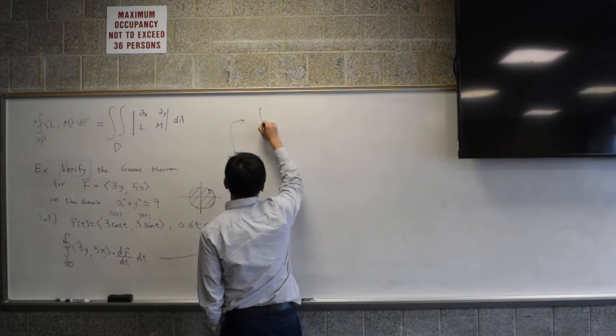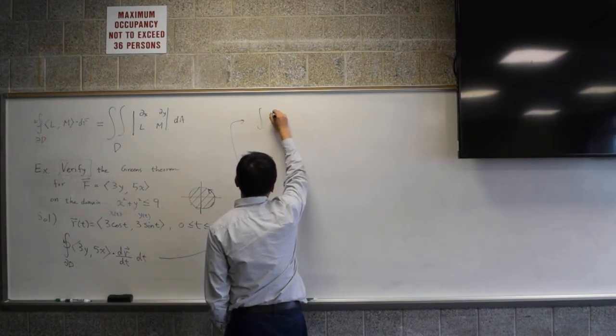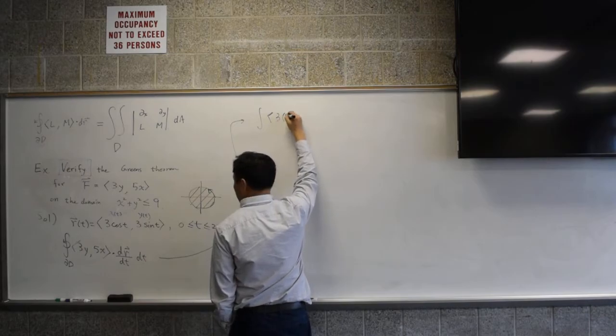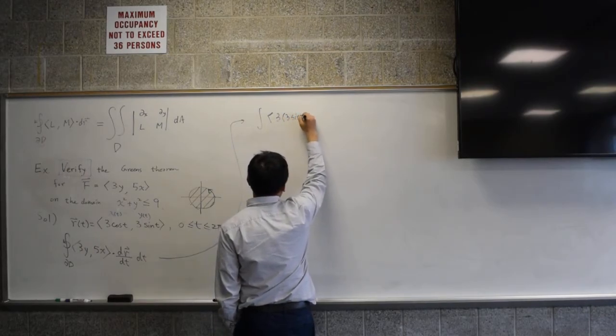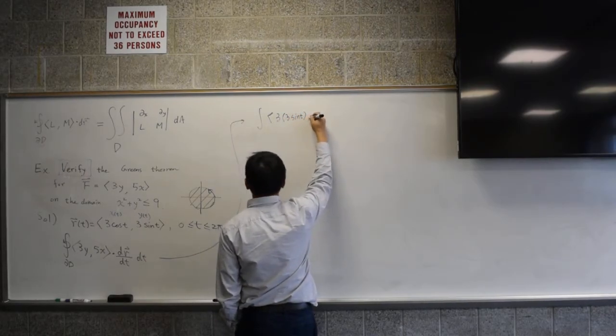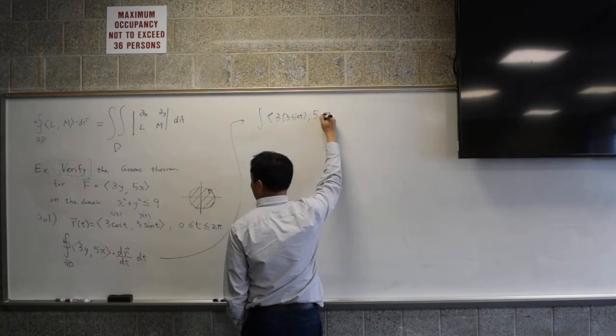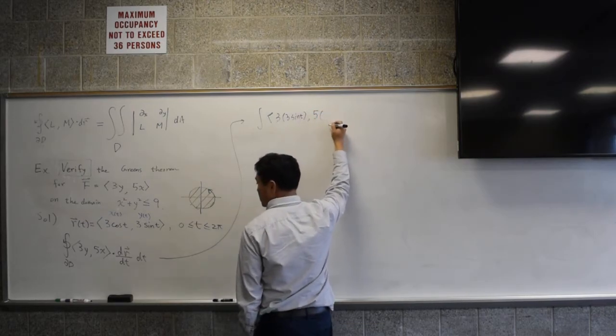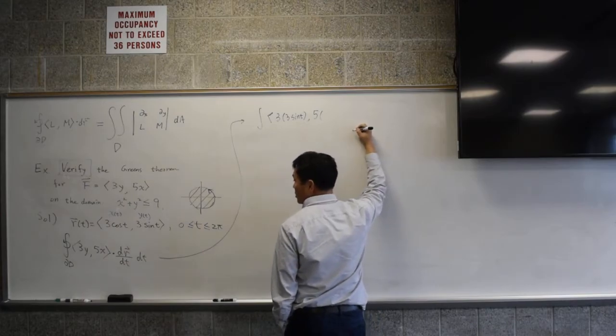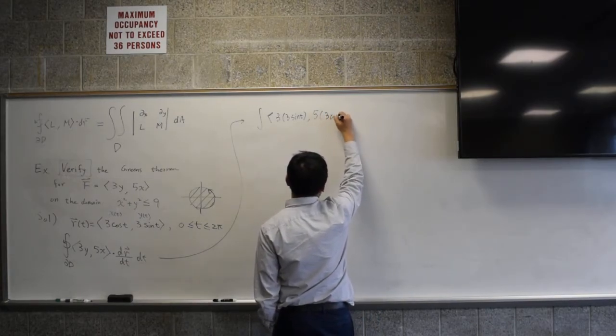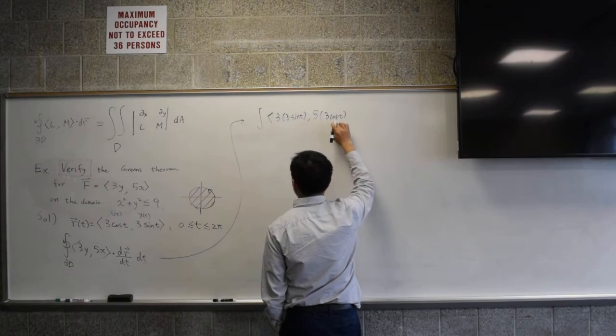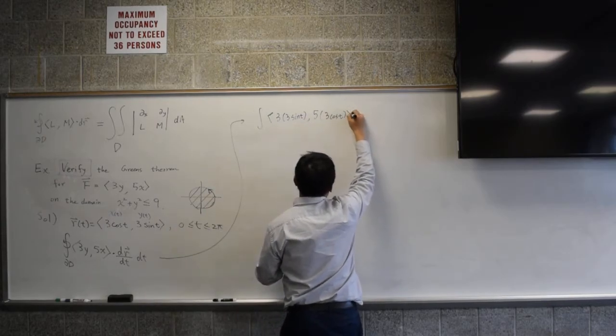That's 3 times 3 sine t, comma, 5 times what? 3 cosine t. That's 5 times x. x is 3 cosine t.